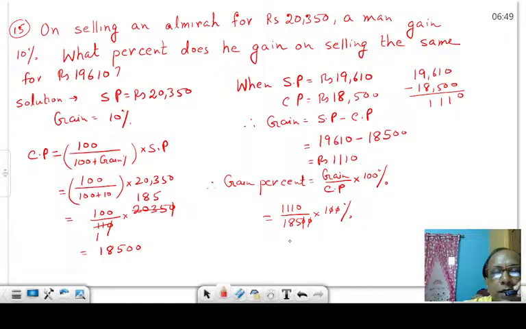Let us divide it by 5. 5 3s are 15, 5 7s are 35, and 5 2s are 10.